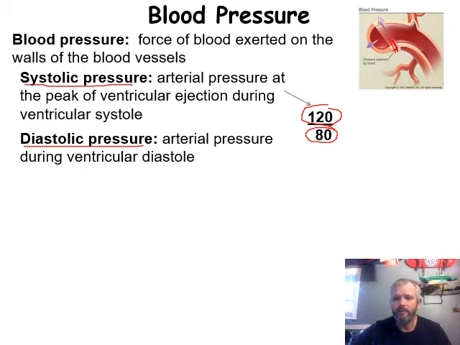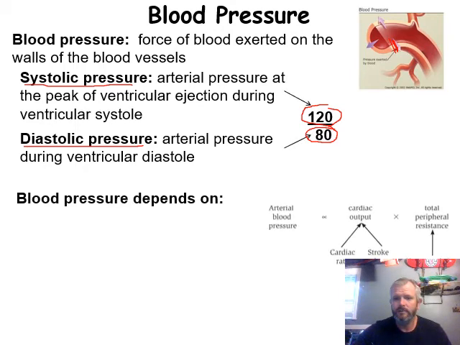You can see that in the equation here: arterial blood pressure is governed by cardiac output times total peripheral resistance.